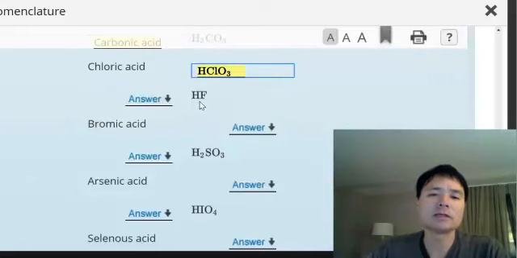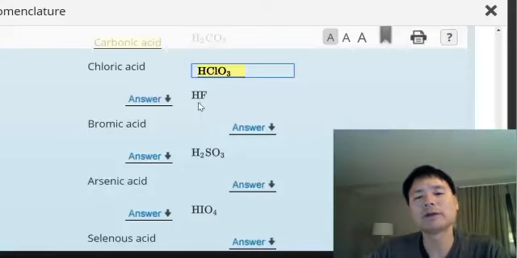HF, now we're going to name this as an acid since they're talking about acids here. If it were HF gas, we'd probably call it hydrogen fluoride gas, which is a dangerous gas. Since it's aqueous, we call it an -ide. Fluoride with a D, so it's going to be hydrofluoric acid.